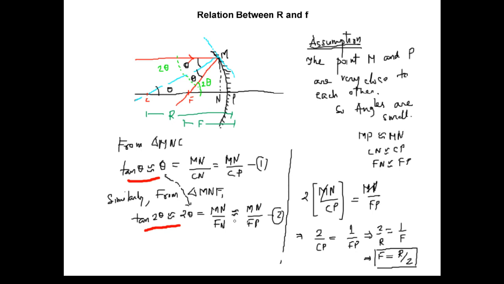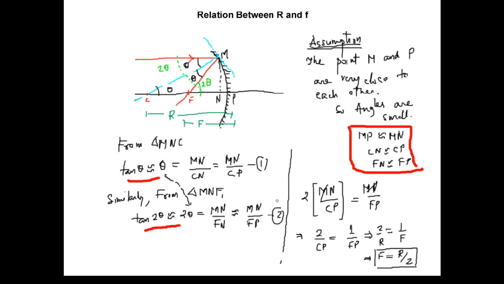So from triangle MNC, we see the perpendicular MN and CN. MN by CN can be written as MN by CP, because here are our approximations. Similarly, from triangle MNF, tan of 2 theta equals 2 theta equivalent to MN by FN, and then MN by FP.